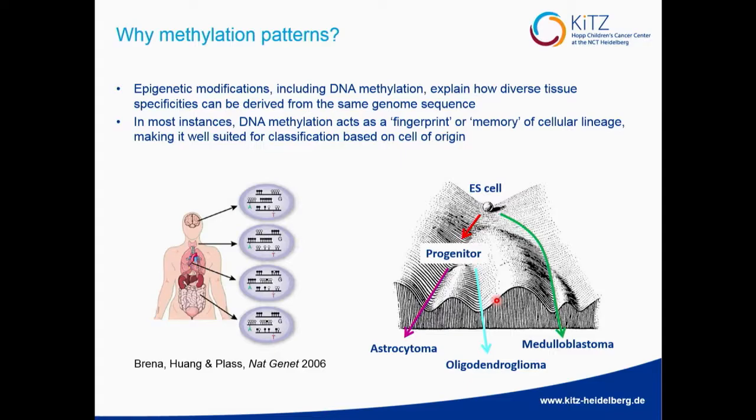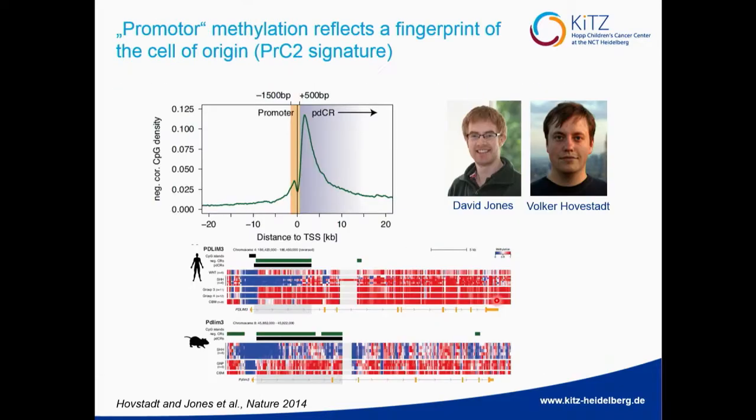And this is why we felt that since this DNA-based method can be done on paraffin material and has this feature of a cell of origin fingerprint, it would be ideally suited for tumor classification, assuming that every tumor entity or subtype of a tumor entity is derived from a very specific cell type at a certain time of differentiation of this cell type.